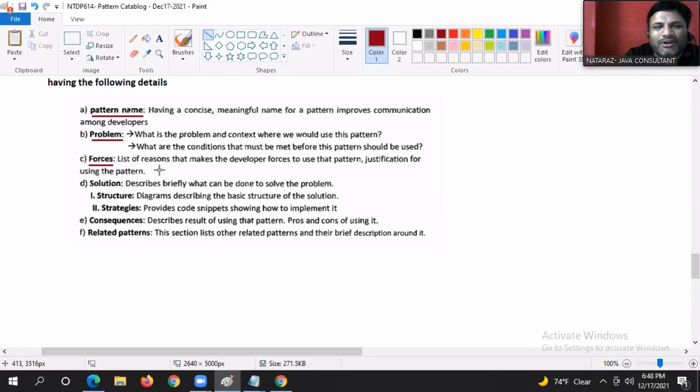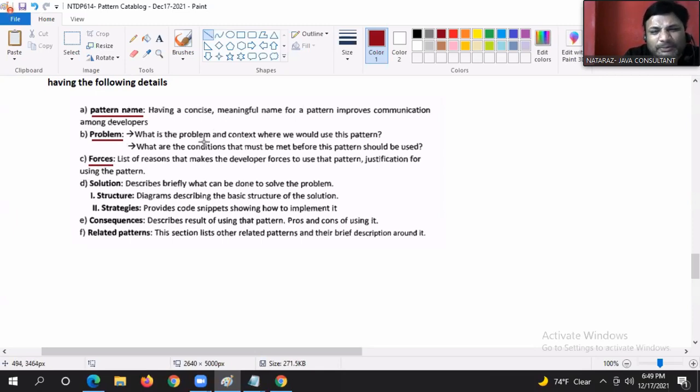Okay. What is the problem? When a class is not having state, creating more objects for that class is a waste of memory. That is the problem. Which forces us to reduce CPU time and memory wastage, we need to think about the singleton pattern. So what is my pattern name?